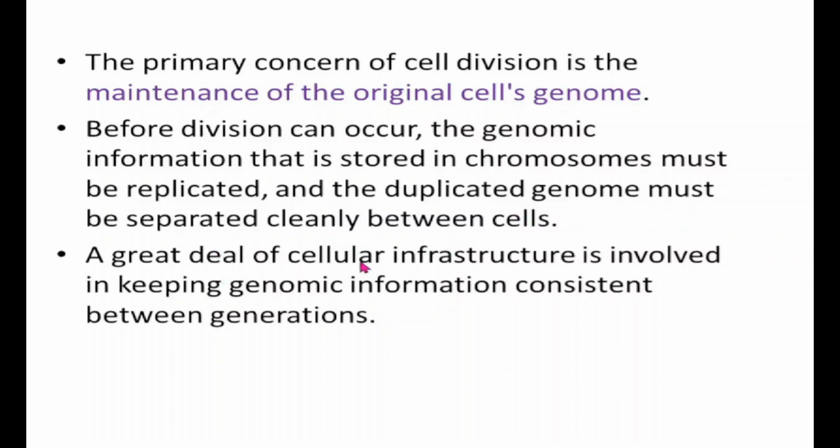A great deal of cellular infrastructure is involved in keeping genome information consistent between generations. So through this process, the genetic information remains consistent. There is no variation from generation to generation because of this process.